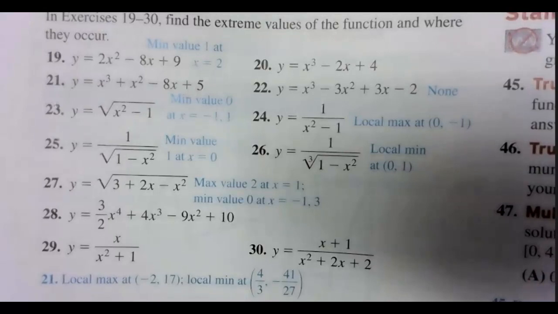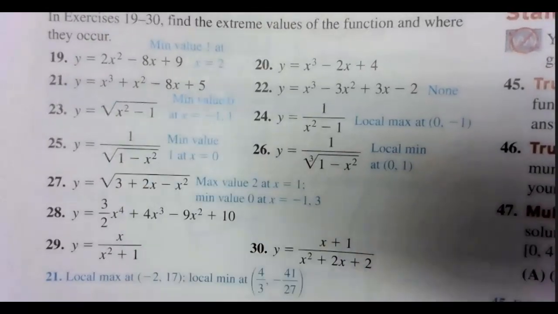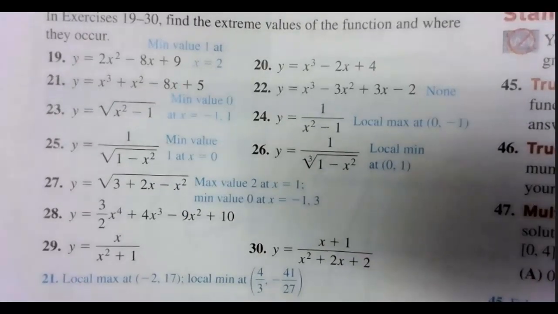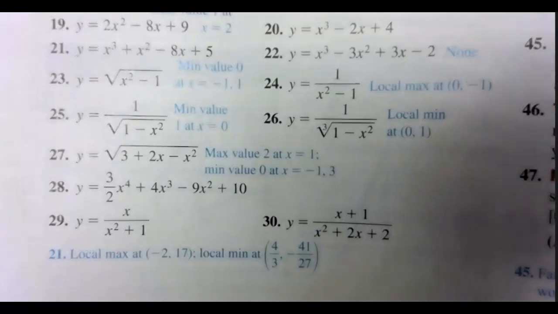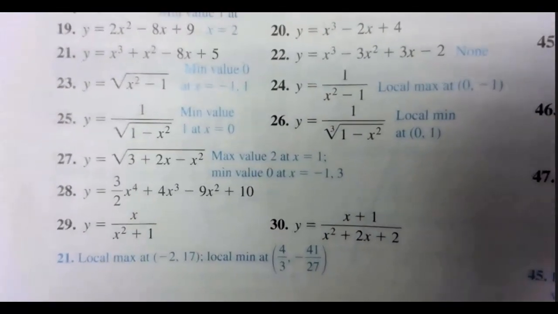Okay? So we did 5 to 15, and then we jumped down and did 23 to 30. So hopefully you're checking those answers right now as well.